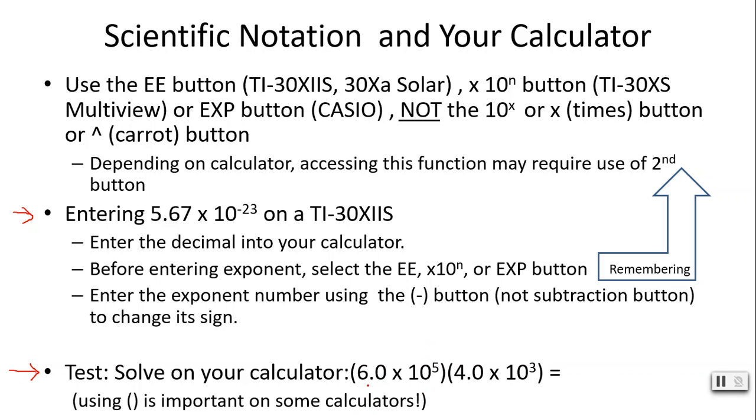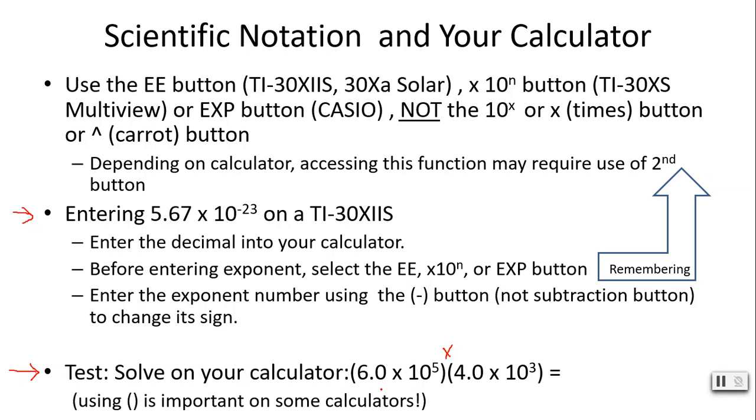So if you wanted to solve this bottom equation on your calculator, I want you to solve 6.0 times 10 to the 5th multiplied by 4.0 times 10 to the 3. I want you to multiply those two numbers that are in scientific notation. Now I've got parentheses here because it's like saying that I'm multiplying those two numbers. I have noticed that on some calculators, entering those parentheses is important, on others it isn't.